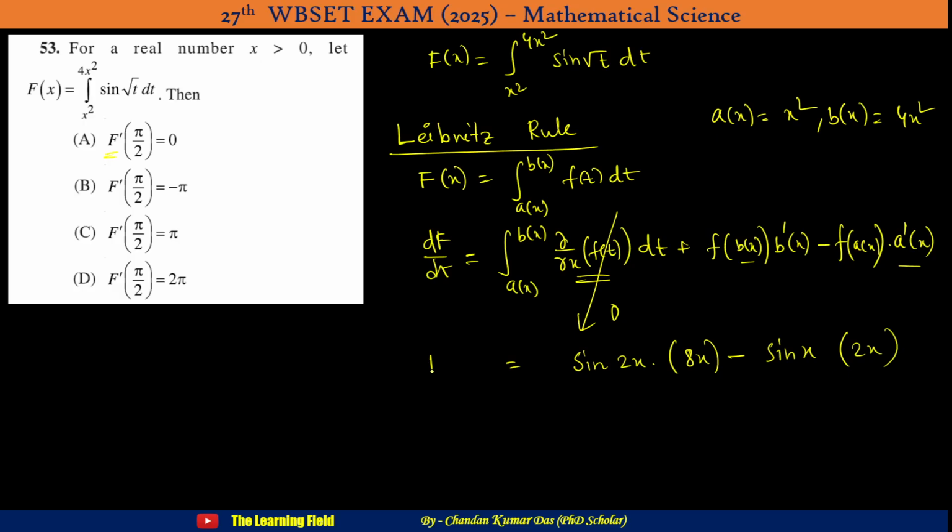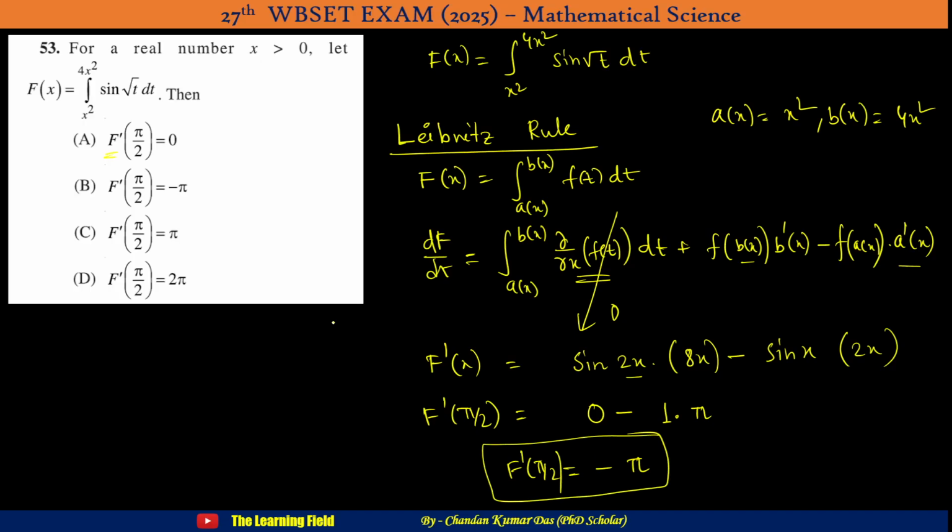Fine. So this is the f dash value. So f dash at pi by 2 is sine 2 pi, into pi by 2, which is 0, minus sine pi by 2, which is 1, into 2 into pi by 2, which is pi. That is minus pi, our answer. f dash equal to minus pi. Option B is our answer.